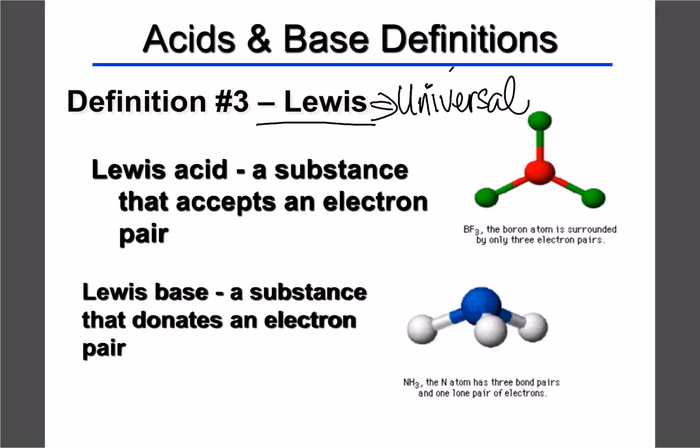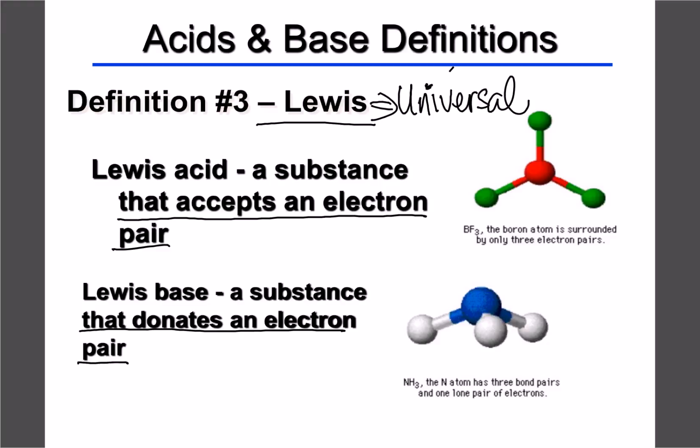A Lewis acid is a substance that accepts an electron pair, and a Lewis base is one that donates an electron pair. We're not going to be doing calculations based on Lewis definitions anyway, so you just need this mostly for multiple choice or for true and false. Okay? So the definitions that we'll be using for calculations are Bronsted-Lowry for conjugate acid-base pairs and Arrhenius actually for our equilibrium calculation.